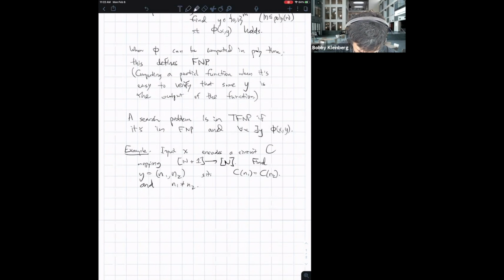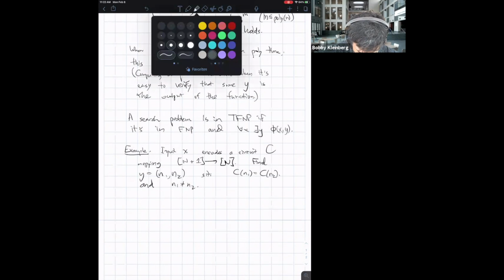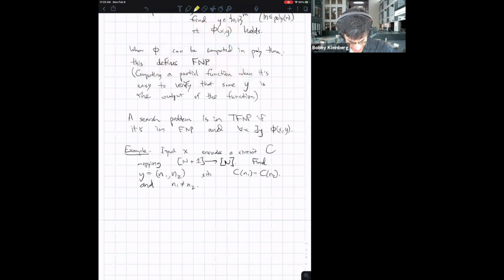In this definition, I've been slightly sloppy and not said what I mean by an input string encoding a circuit that maps one set of integers to another one. So circuits are usually thought of as mapping an n tuple of binary bits to some m tuple of bits.